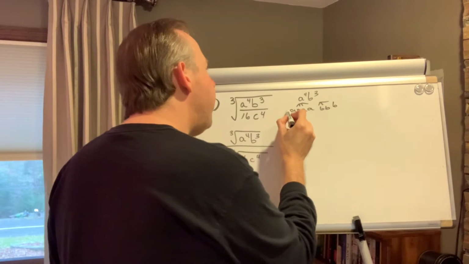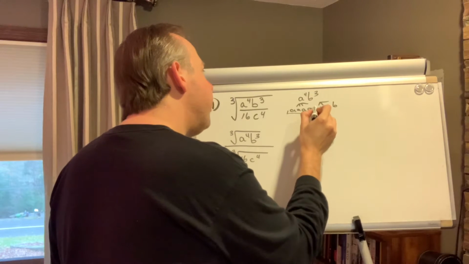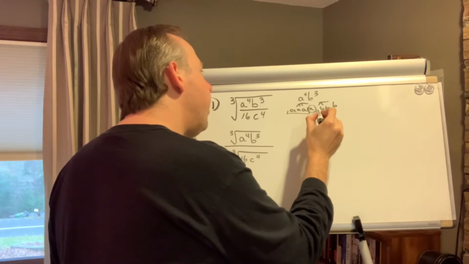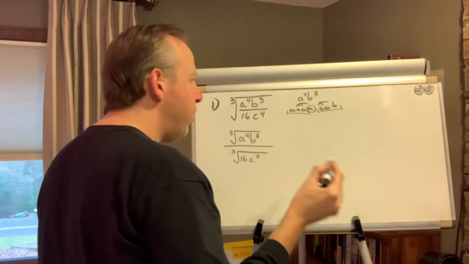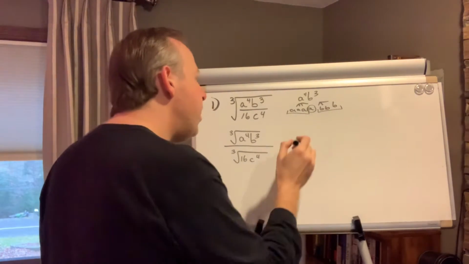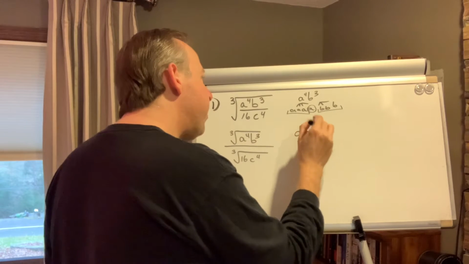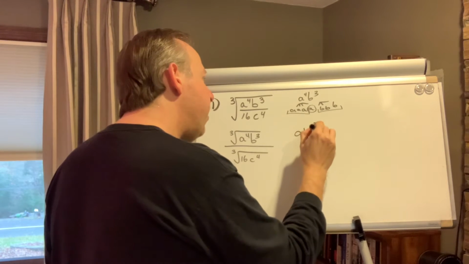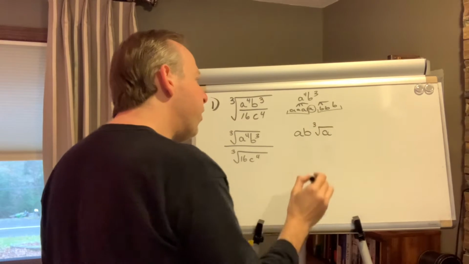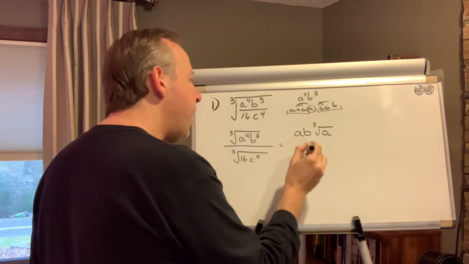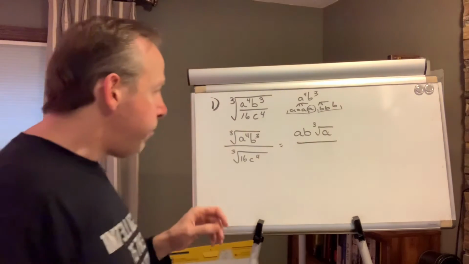So there is a group of 3 a's here, and this a has nowhere to go, and a group of 3 b's here, which takes care of all those values. So an a is pulled out, and a b is pulled out, but that one a stays under the third root. And so far, that's what we've got.